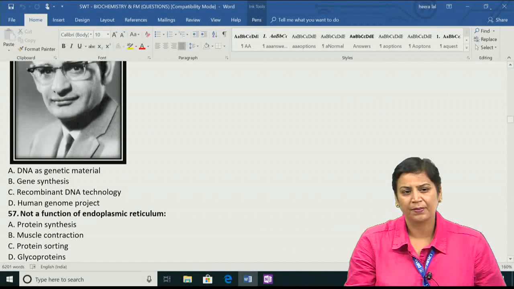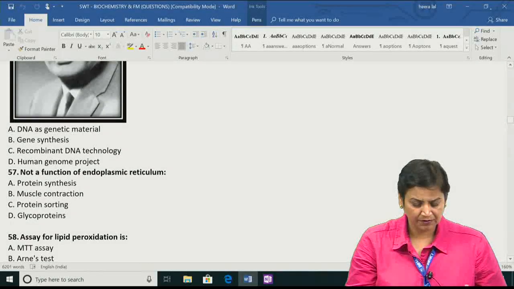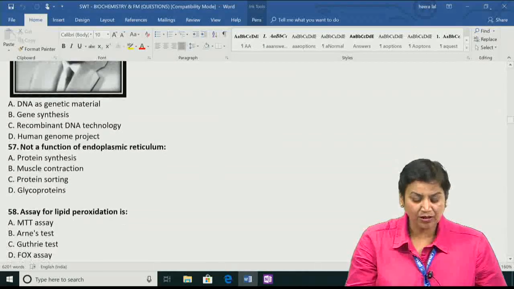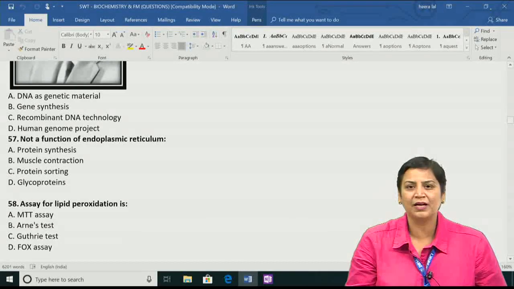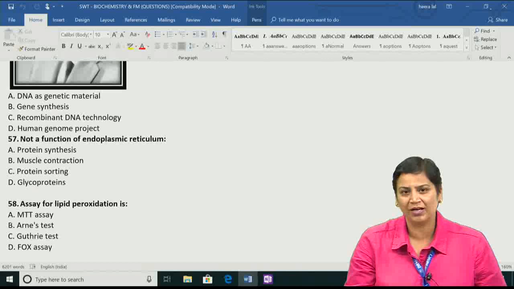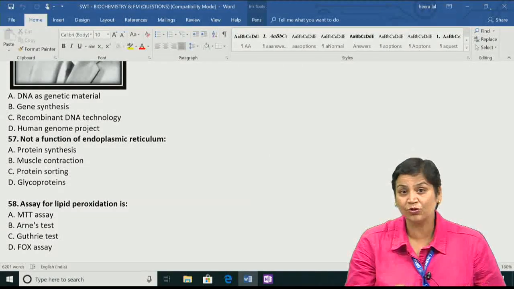this, right? Then we switch over to the next, answer would be B, not a function of endoplasmic reticulum. Now endoplasmic reticulum, all of you know, is a very important organelle. It can be smooth, it can be rough. The major difference between rough and smooth endoplasmic reticulum is that RER has ribosomes, so they are basically required for the synthesis of proteins. Smooth means the surface is smooth, that means it is without ribosomes.